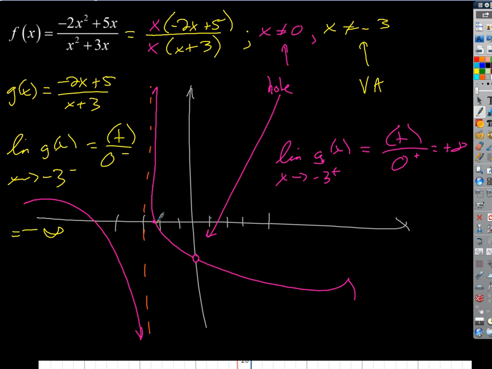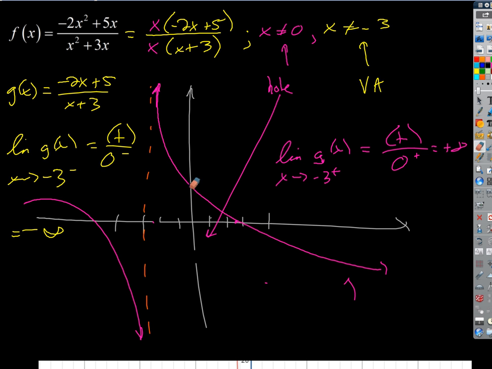So that 0's in the wrong spot. So the x-intercept should be right there. And so it's going to go like this. And we'd know that the hole, then if we wanted to know specifically where that hole was, it's at x equals 0.